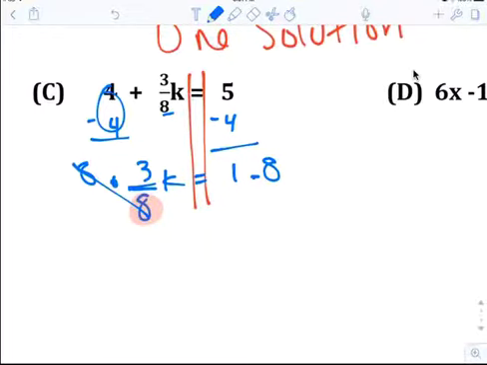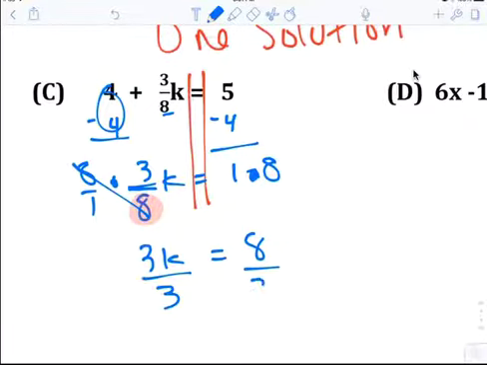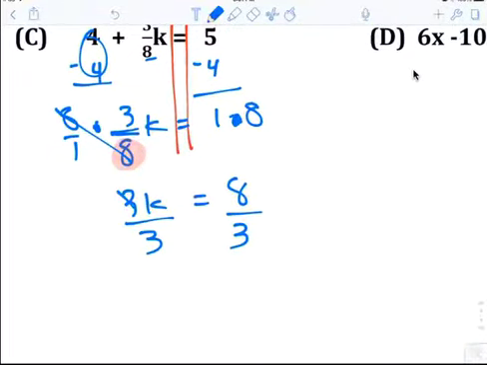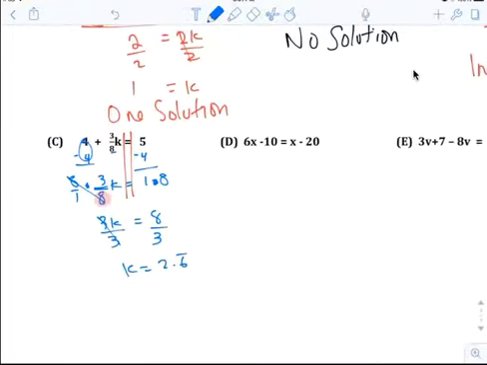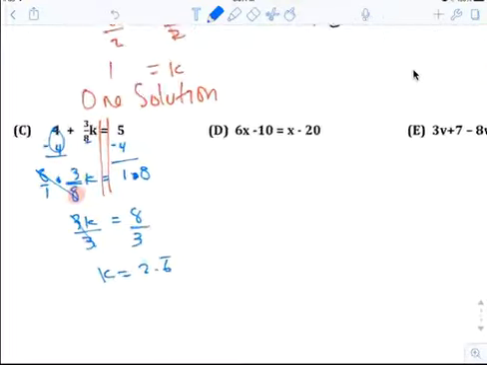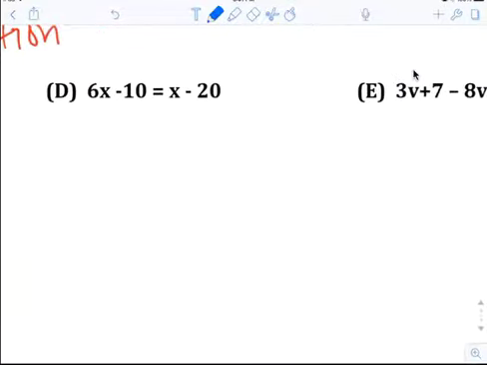Cancel that, because 1 cancels out. You know, 1 times 3 is 3. So you get 3k equals 8. Then you divide last, you divide by 3. K equals 2.6 repeating. Use a calculator or leave it as 8 over 3. Okay, and then there's the rest right here.